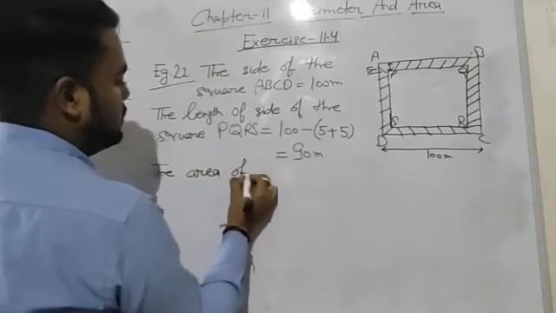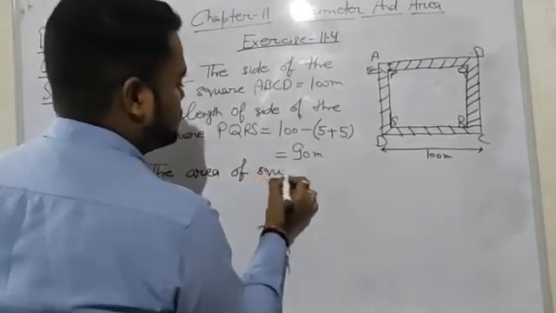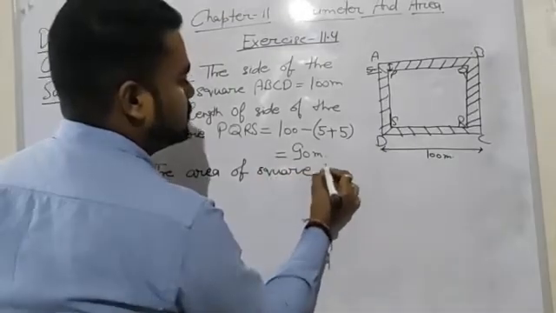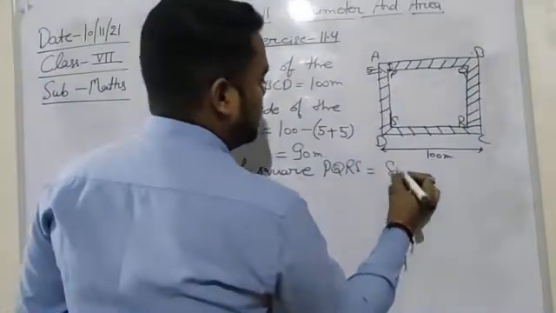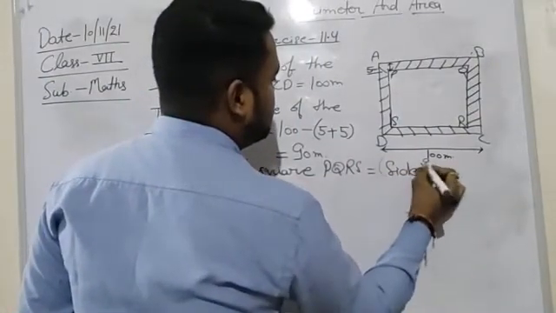The area of square PQRS is, as we know that the formula is side square.